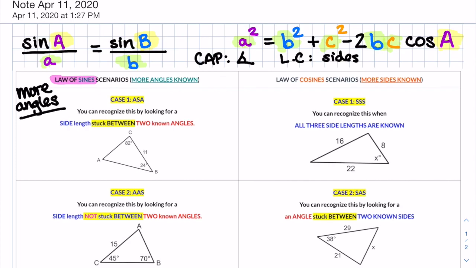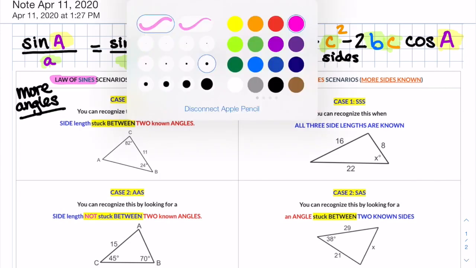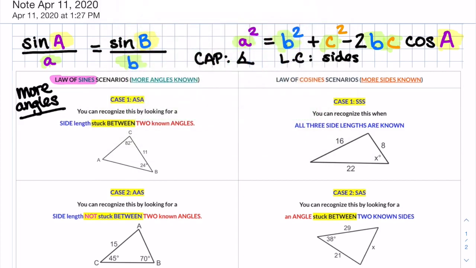In general, there is a case where knowing more sides is going to help you with the law of sines, but in general, if you know more angles, then the law of sines is a little more helpful. And in the case of the law of cosines, notice that because all three sides are involved, that's going to help if you know more sides.